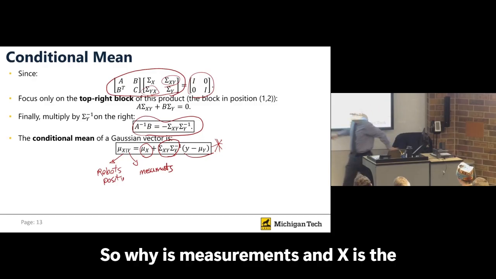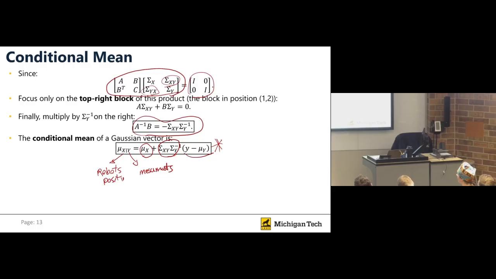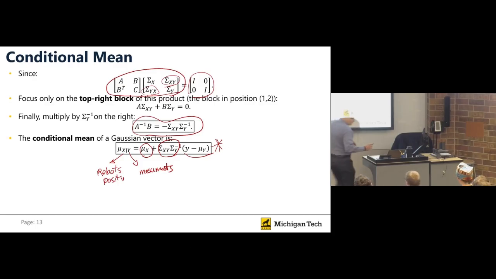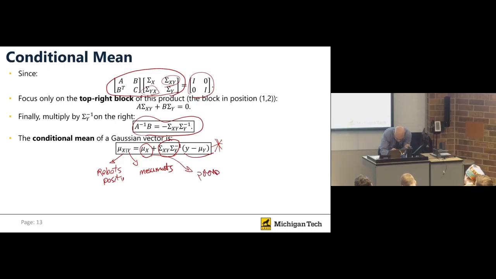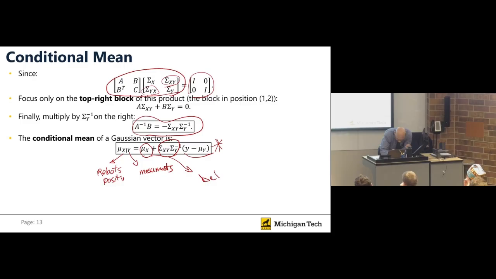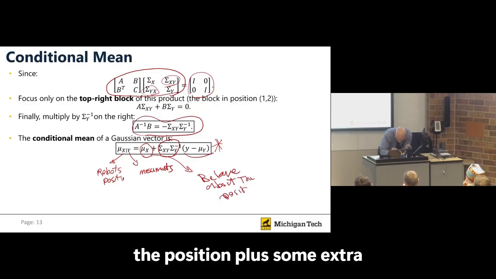So we want to say the next position of the robot, x given these measurements, is the previous position, or I can say belief, sorry, belief about the position, plus some extra information.